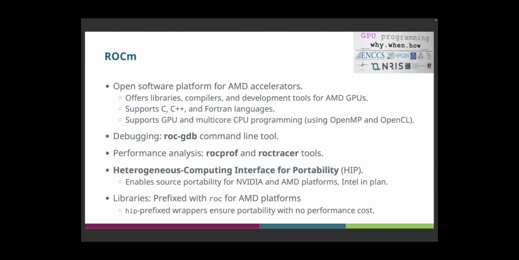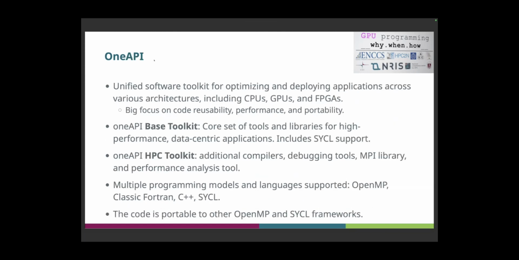And finally, from Intel, there's oneAPI. What I like about this is that Intel, from the beginning, has been trying to promote code reusability and portability. So they build these tools and languages in such a way that one could use the same code running on CPUs, GPUs, and also other accelerators, and they give high performance.